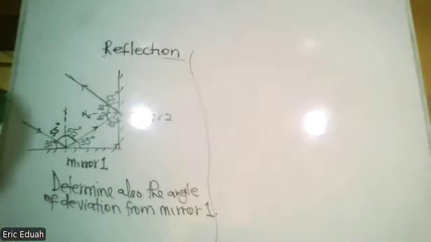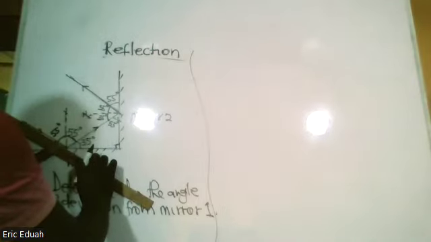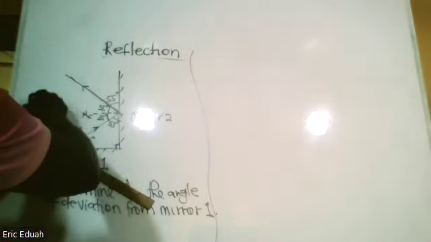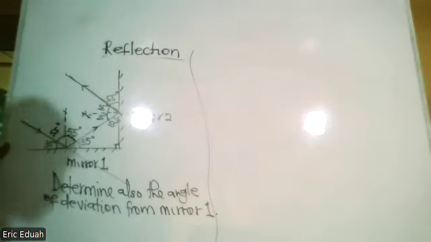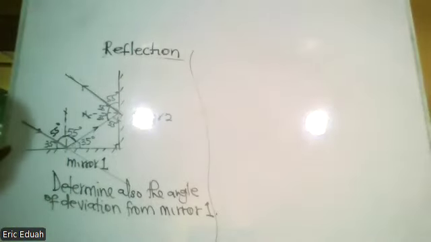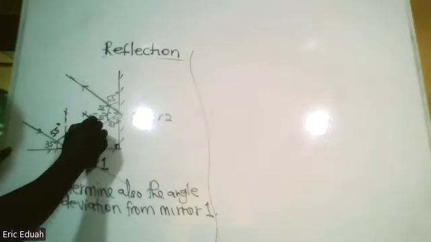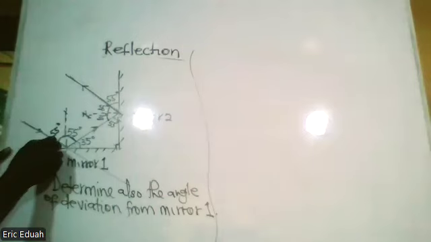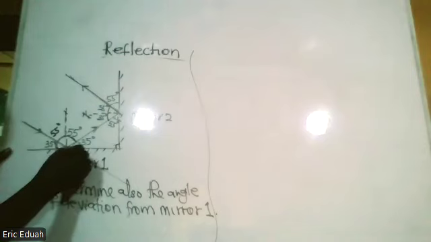Okay, then the angle of deviation. What is the angle of deviation? Originally, the ray must move in this direction. But due to its interaction with the mirror, its path is deviated here. So if this is 35, this is also 35, vertically opposite angle.